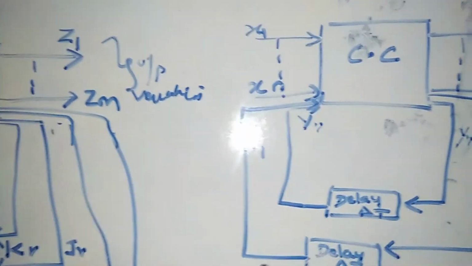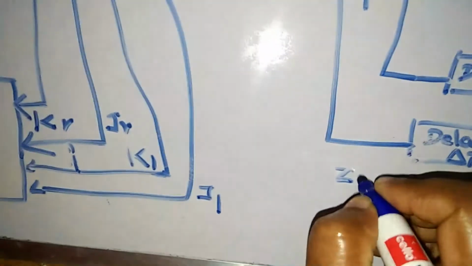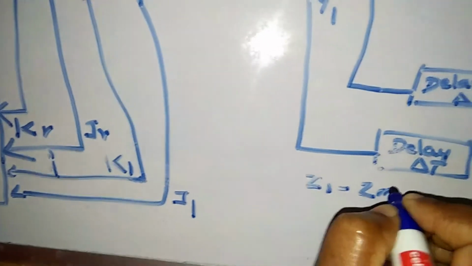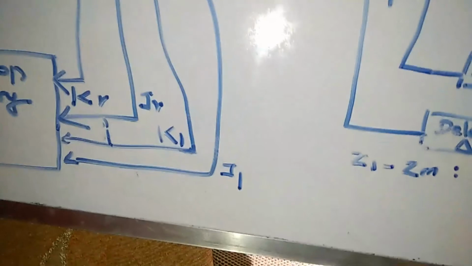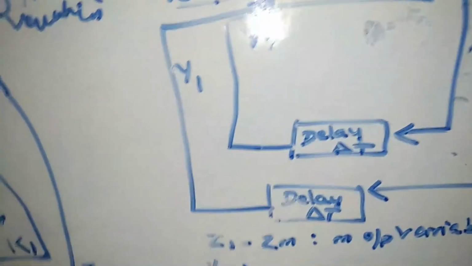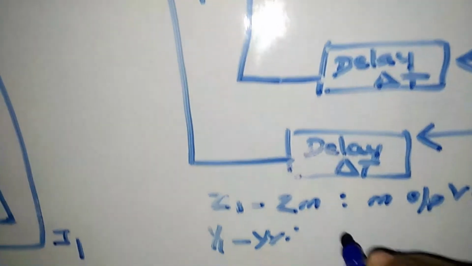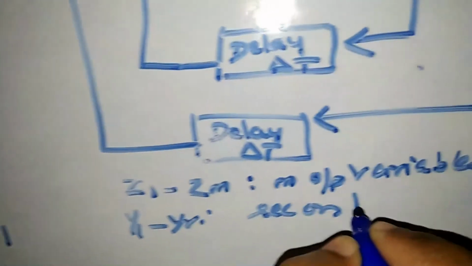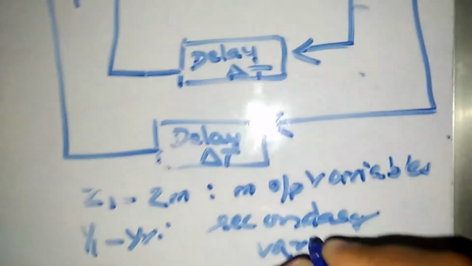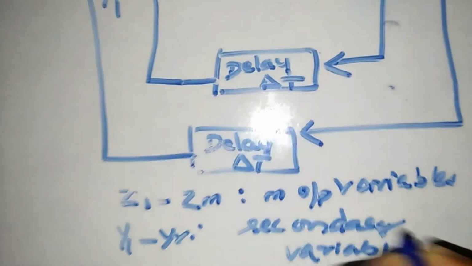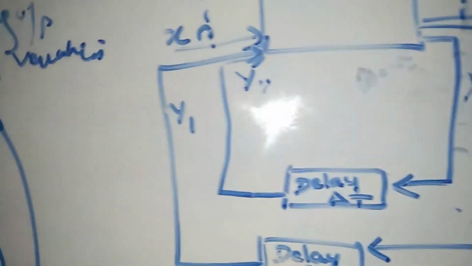Let me write this for you: Z1 to Zm is nothing but, say, m output variables, and y1 to yr are my secondary variables.